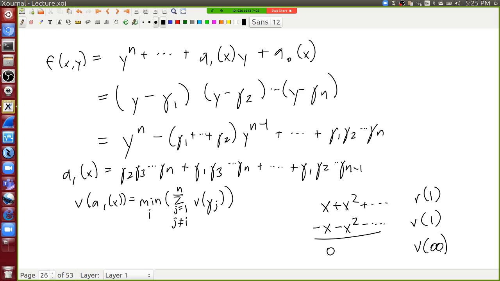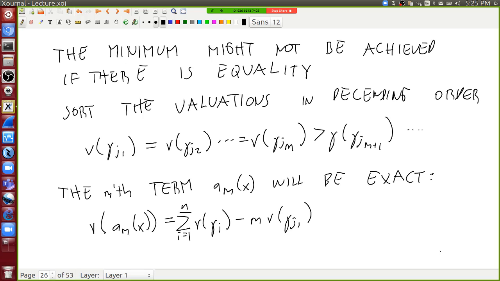And we can actually handle that just by sorting all these valuations in descending order. We start with the largest ones here. Let's say J1, J2 up to Jm are all the same. We just move along the polynomial m steps along the x-axis, and we get to the am term, and that is going to be exact.